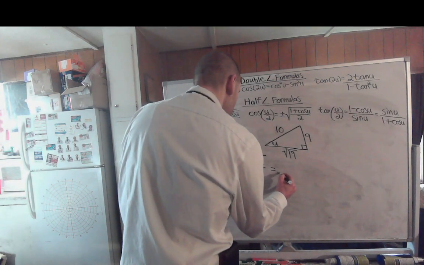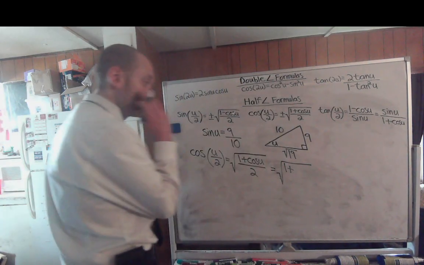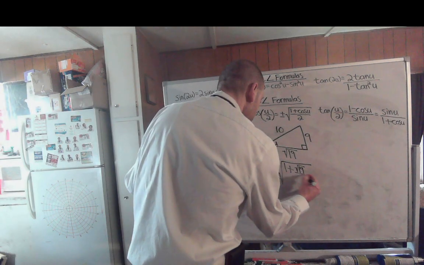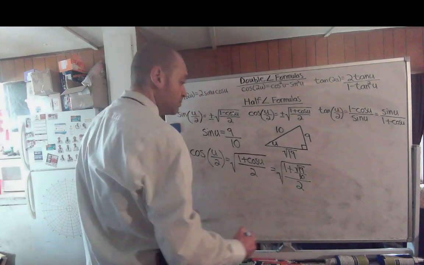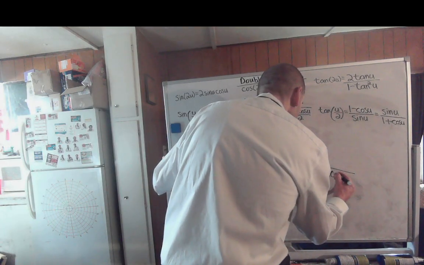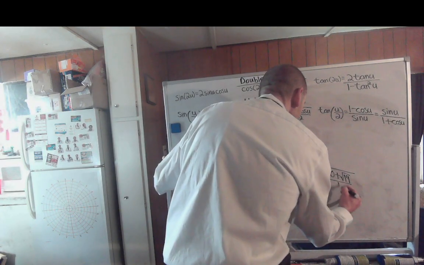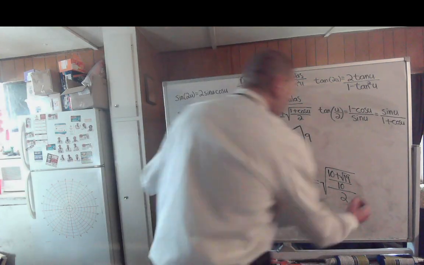So this will be the square root of 1 plus, now what is that cosine of u? That's the square root of 19 over 10, all over 2. So this would be equal to the square root of 10 plus the square root of 19 all over 10 all over 2.